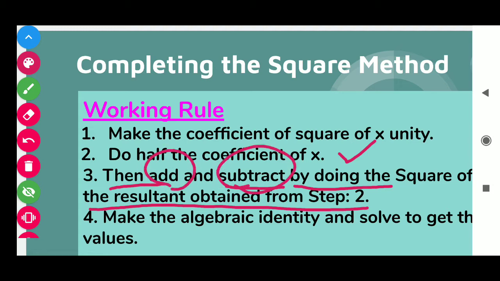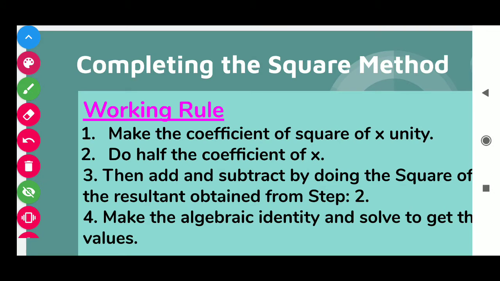Okay. And fourth step is make the algebraic identity and solve to get the values. After that you have to make it in the form of algebraic identity. That means you will use suppose a plus b whole squared formula or a minus b whole squared formula, okay, according to the situations. So students, let's start with the same working rule.